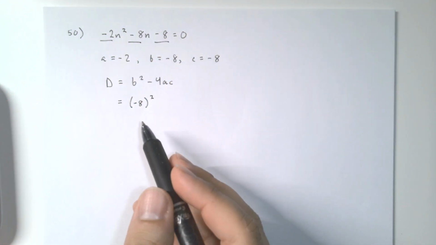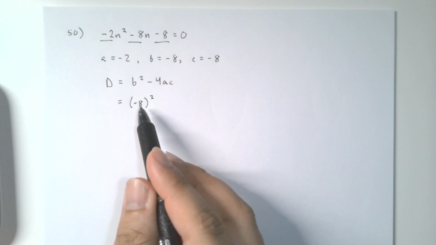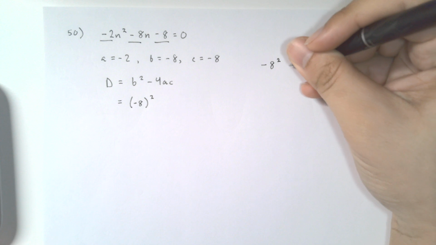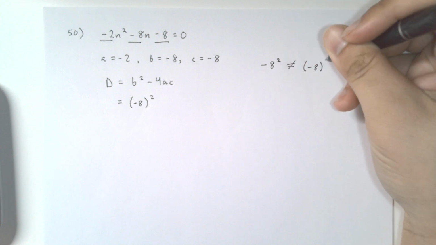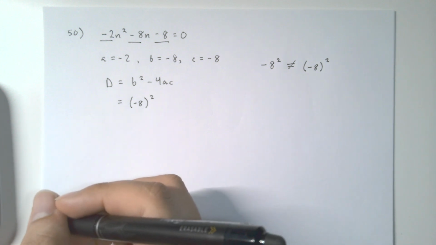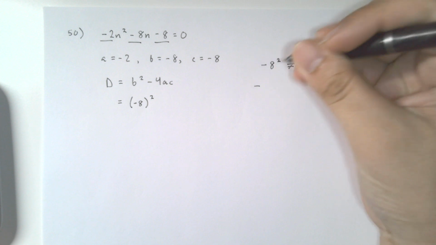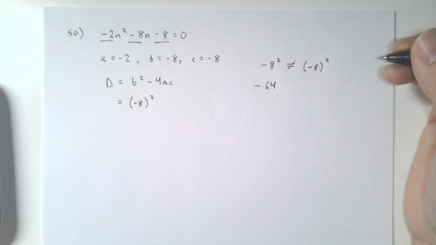Be sure, if you're putting this into your calculator, to put parentheses around negative 8. Something to point out here is that negative 8 squared is not the same as negative 8, quantity squared. If you put this into your calculator without parentheses, it interprets it as negative whatever 8 squared is, which is 64.